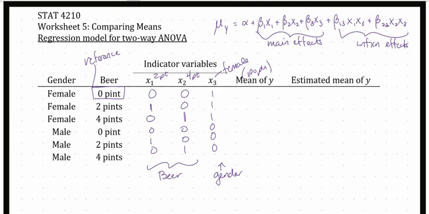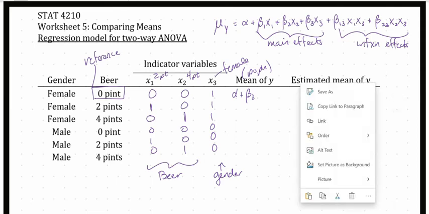So for a female who has had 0 pints of beer, this is going to be alpha, because that's unaffected, plus, well, they have not had 2 pints of beer, so this term, beta 1x1, goes to 0. They've not had 4 pints of beer, so beta 2x2 goes to 0. They are female, so beta 3x3 stays in. So we're going to have plus beta 3 times x3, which is 1.